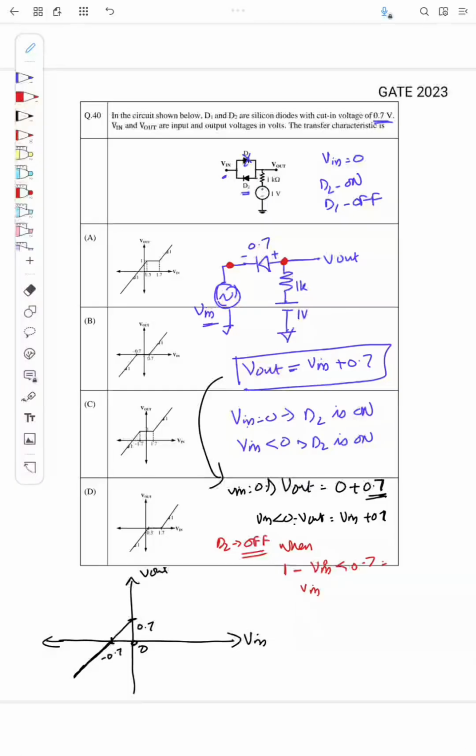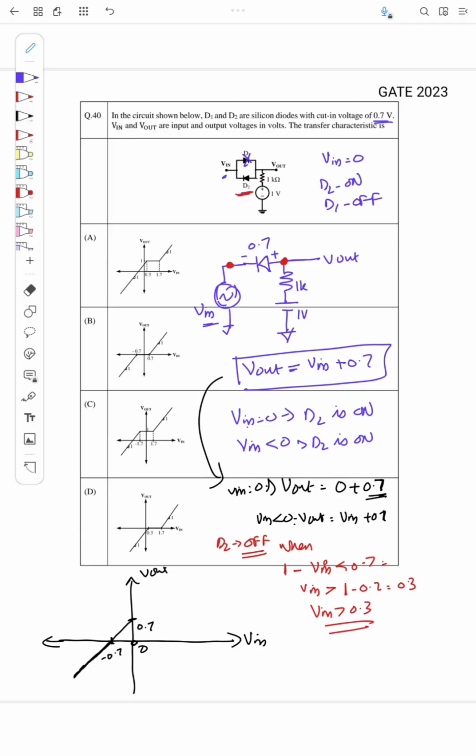Or when I take Vin to the right-hand side, Vin is greater than 1 minus 0.7, which is equal to 0.3. So when Vin is greater than 0.3, this D2 is off. Till then Vout will be linearly changing with Vin.